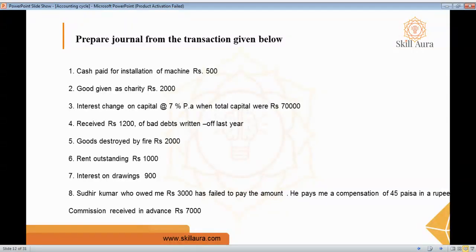The next transaction is interest on drawings. Here interest on drawings is related to the capital.